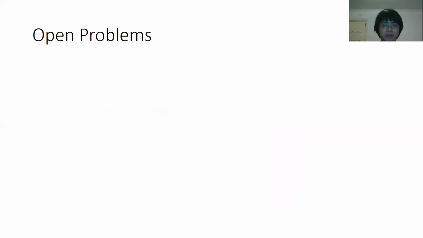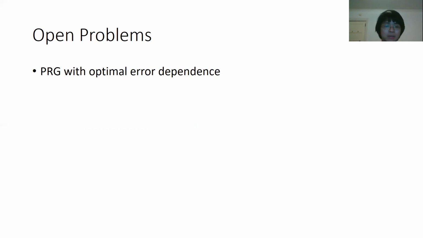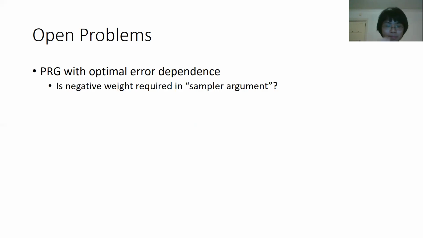So this is our construction, and now there are some open problems left from our paper. The first problem is whether we can construct a PRG with optimal error dependence. I think this is related to the question of whether a negative weight is required in the sampler argument from BCG.